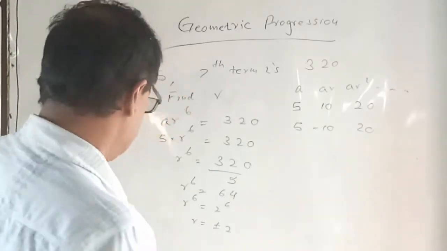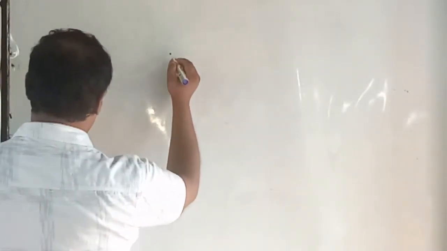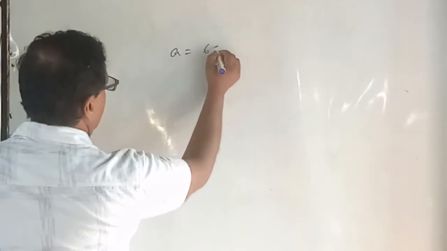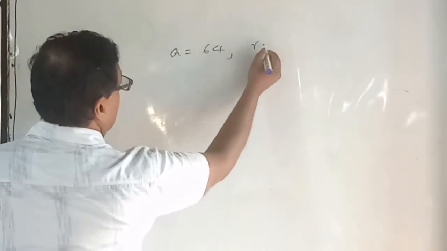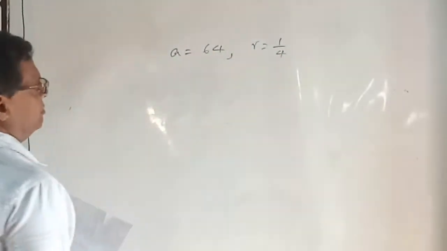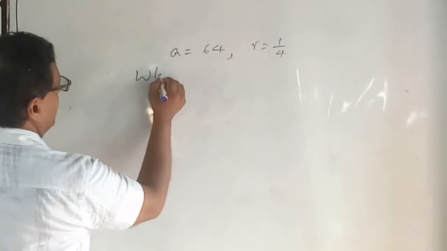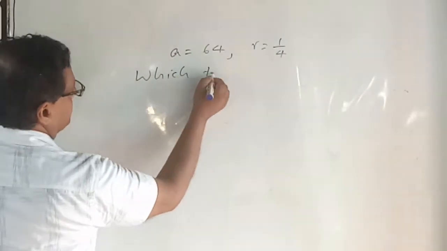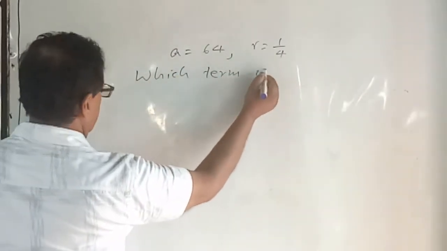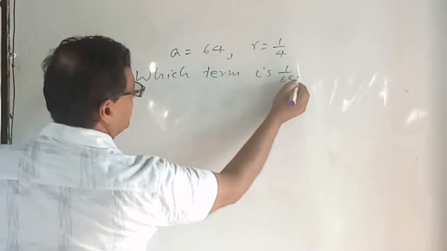Now another example: in a GP, the first term is 64, r is 1 upon 4. Which term is 1 upon 64?